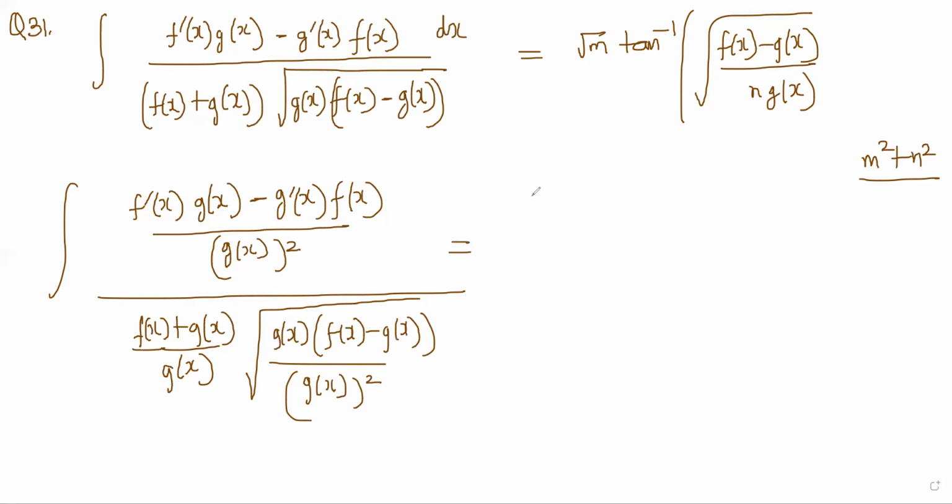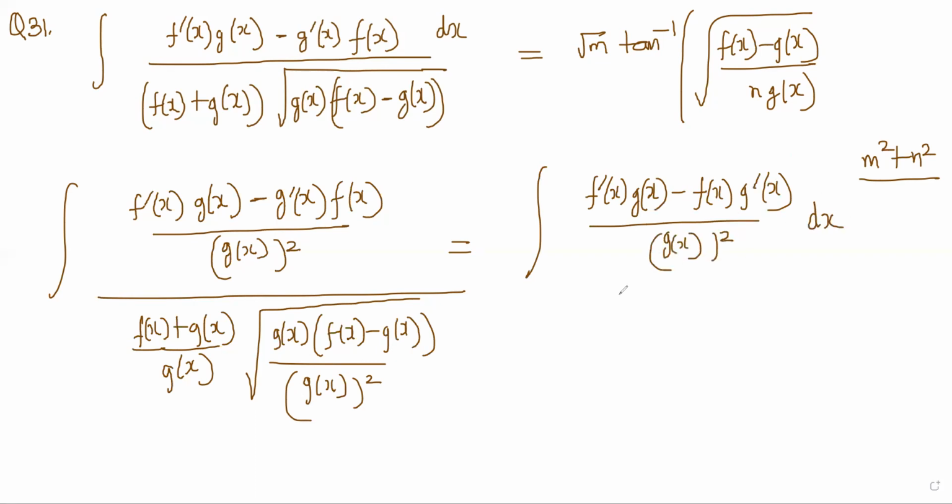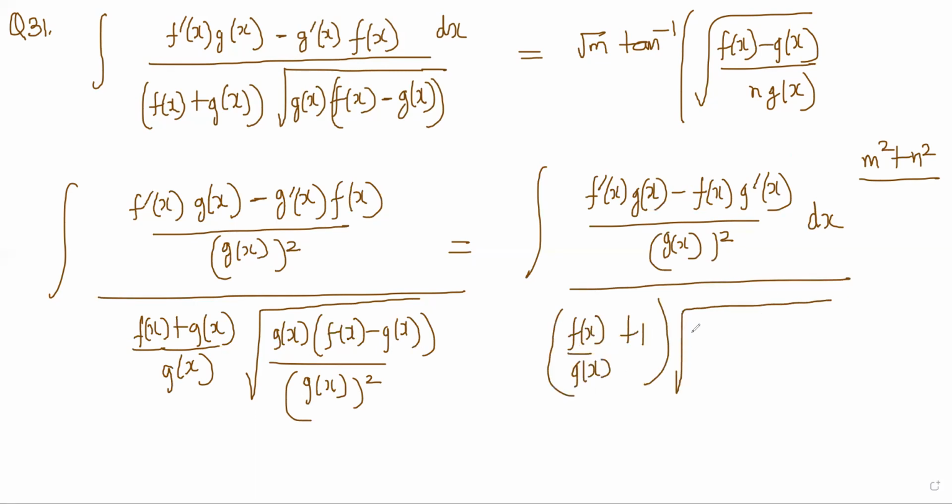So this integral is looking like the integral of f dash x g minus f of x g dash x by gx whole square dx divided by fx by gx plus 1 and root over fx by gx minus 1, right?